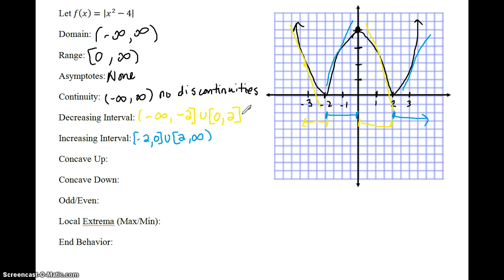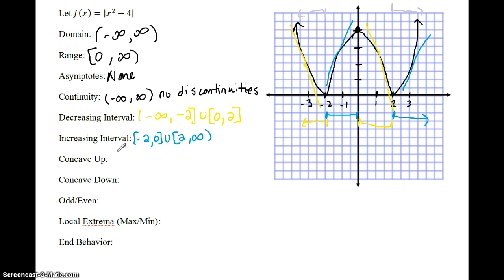Okay, so now we're going to look at where it's concave up. It goes concave up here, and then right here it switches to concave down, and then it goes concave up again. So it's concave up all over here, and concave up all over here.